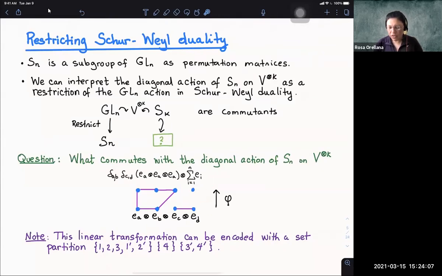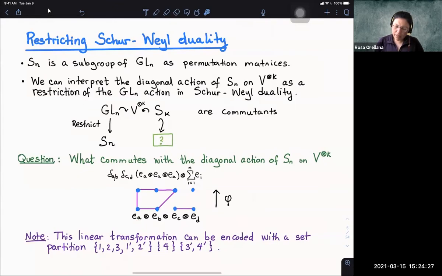You can visualize them as graphs that go from tensor space to tensor space, from V tensor k to V tensor k. Each dot right here represents a tensor.